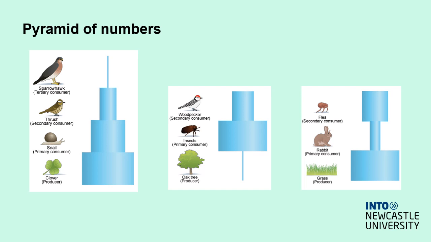Pyramids of numbers show the number of organisms at each trophic level. So if we start on the left here, this is our food chain, and we can add the direction which our energy is going through.